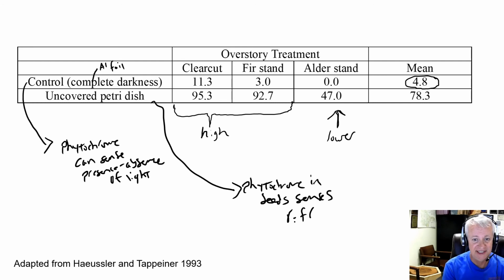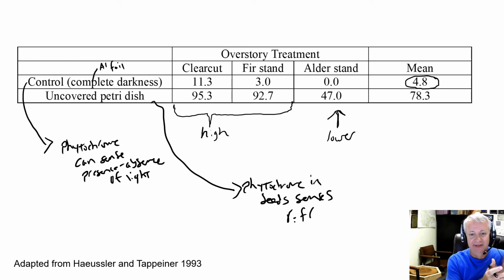So alder seeds have phytochrome, and the response essentially slows or prevents the germination of alder seeds when they're underneath alder. That's likely an adaptation that then allows alder seeds to remain in the seed bank, but then to germinate after a disturbance when the canopy is opened up.